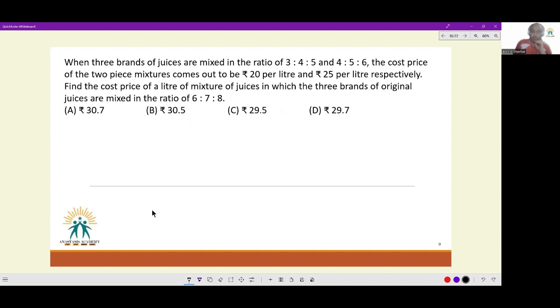Next, 3 brands of juices are mixed in the ratio 3 is to 4 is to 5, and in another mixture 4 is to 5 is to 6.